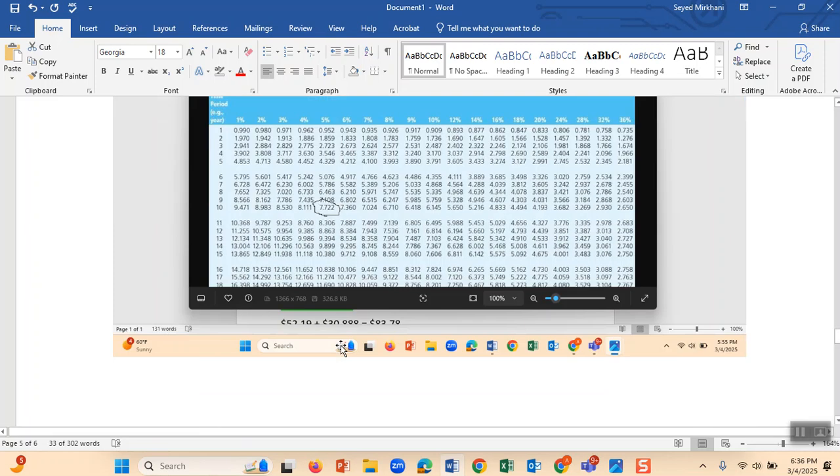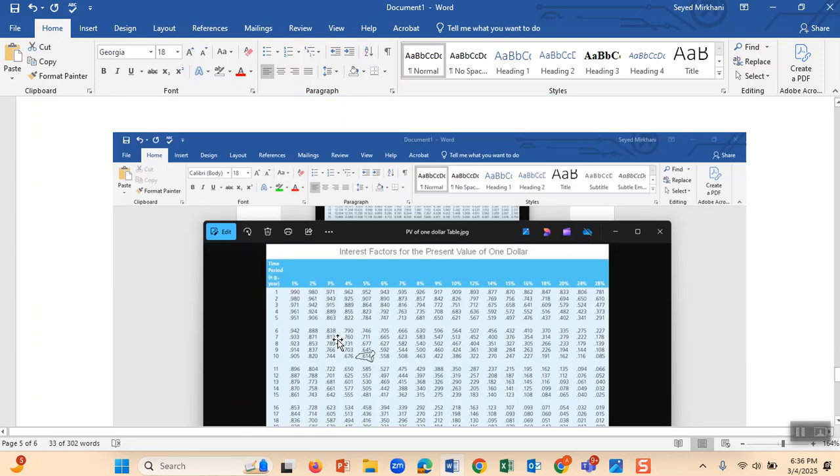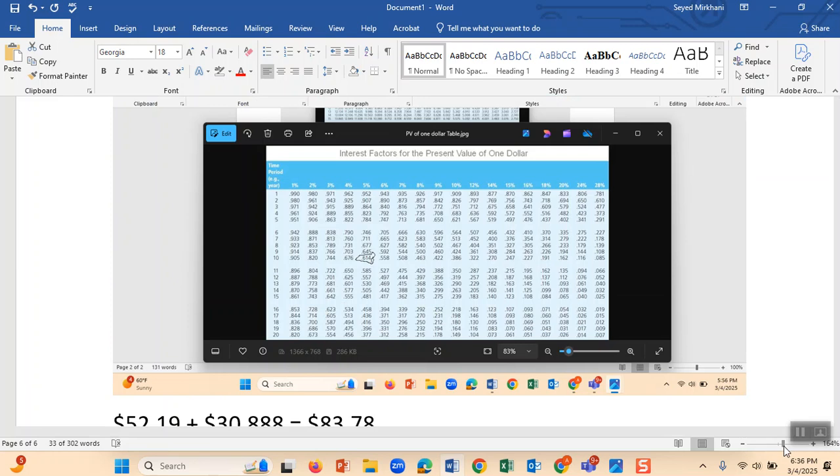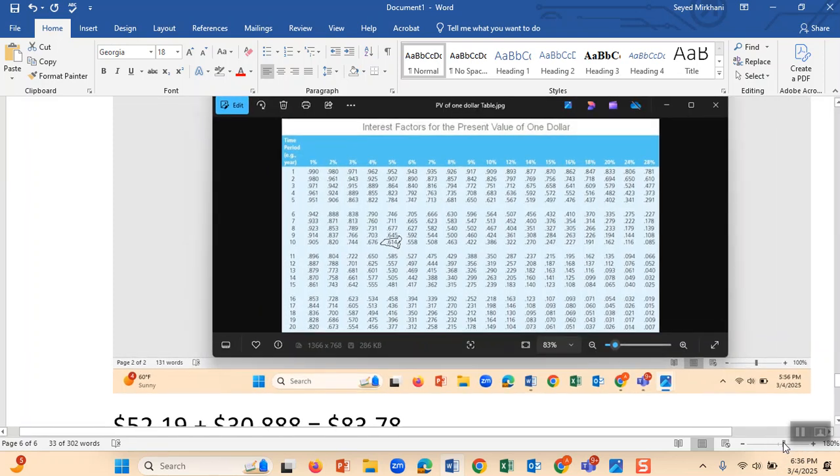Therefore, we look at the other table, which is right in here. The meaning of it is that if 10 years from now, someone gives me $1, in today's money, I would give that person less.